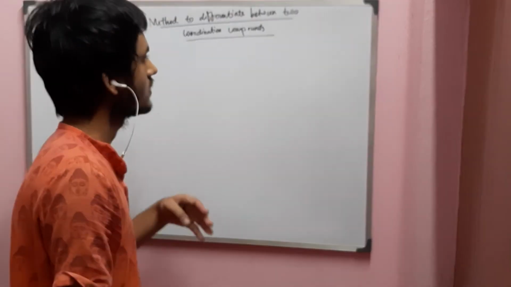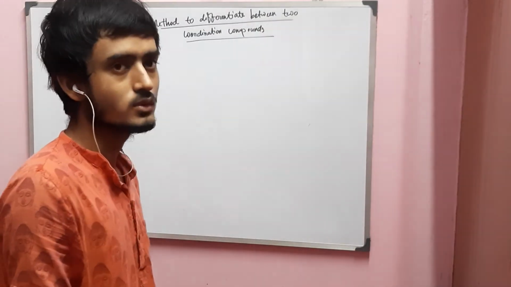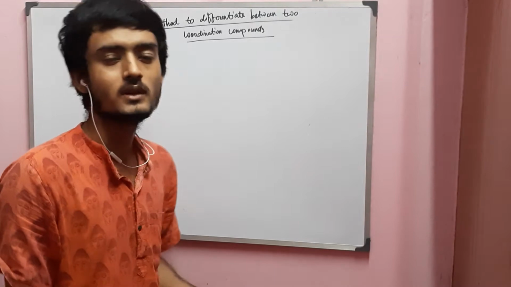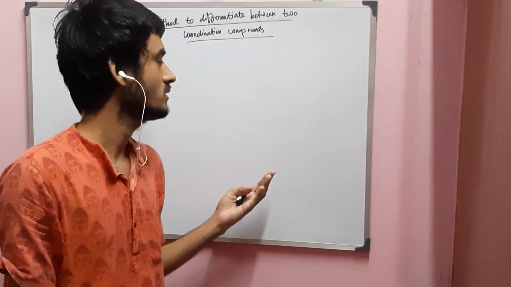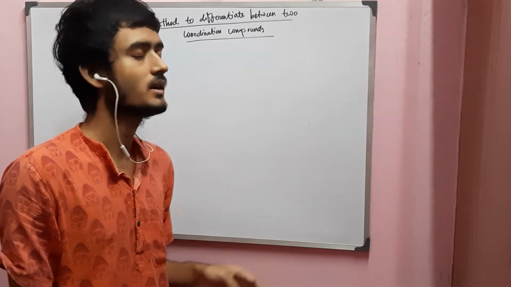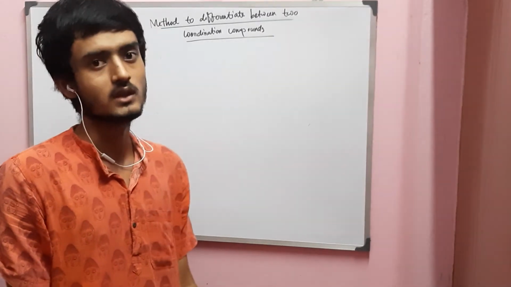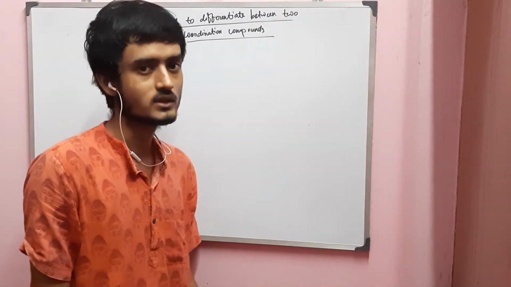So there are mainly two types of reagents by which we can specifically determine the coordination compounds, and more specifically it determines the ions in the outer sphere. So we'll be continuing from the first type.